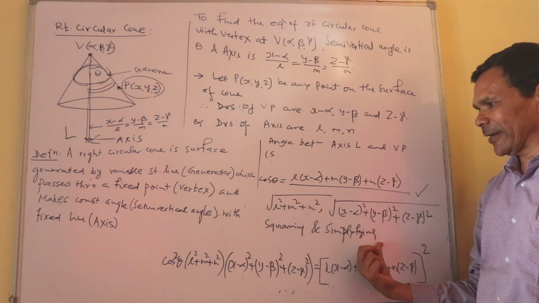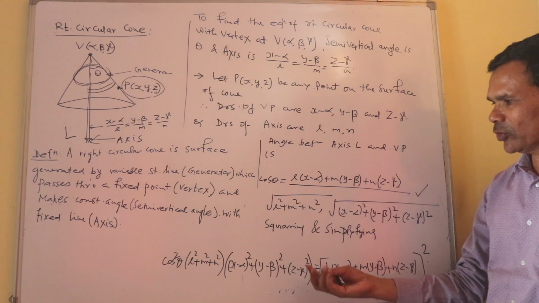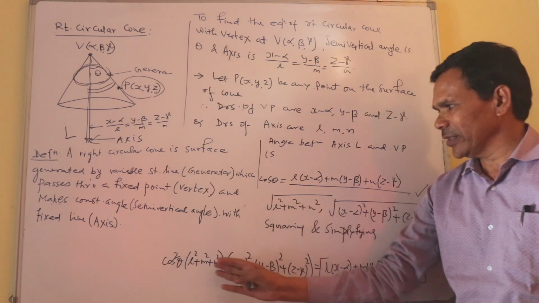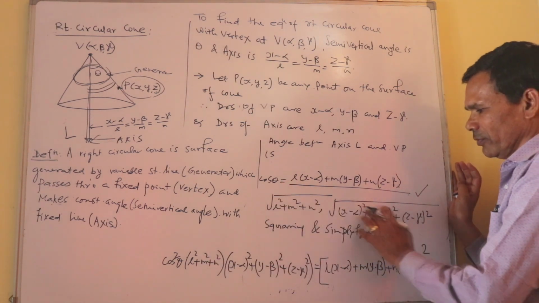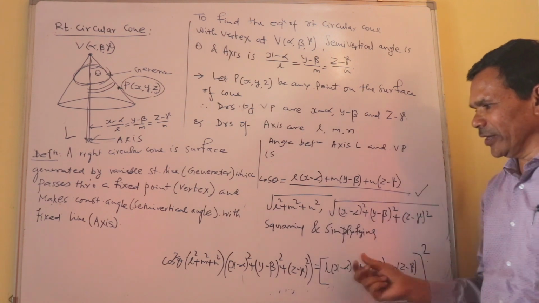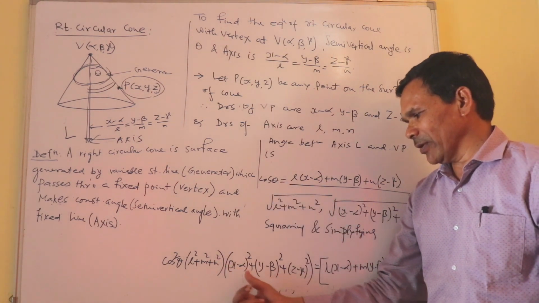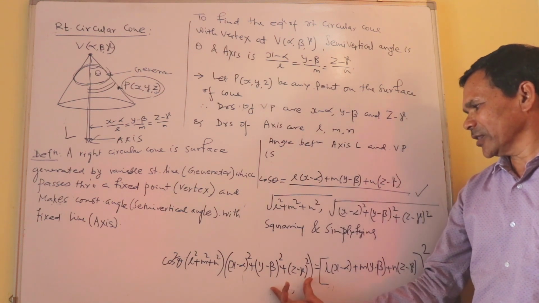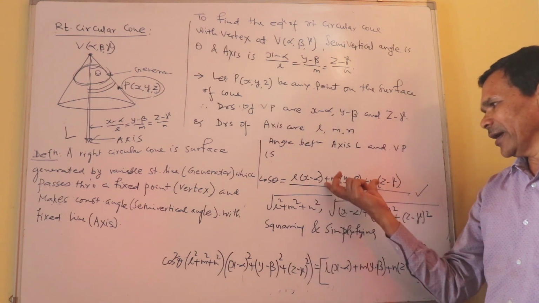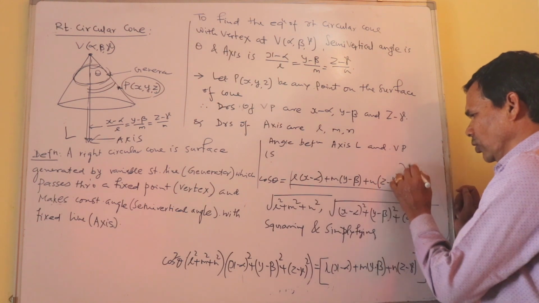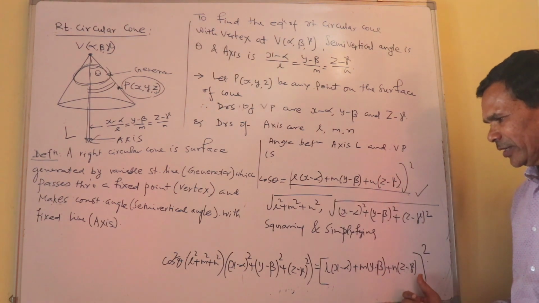Squaring and simplifying: if you square both sides, you get cos square theta and the radical sign will be removed, and then we cross multiply. It is (l square plus m square plus n square) times this square, equal to this whole square.